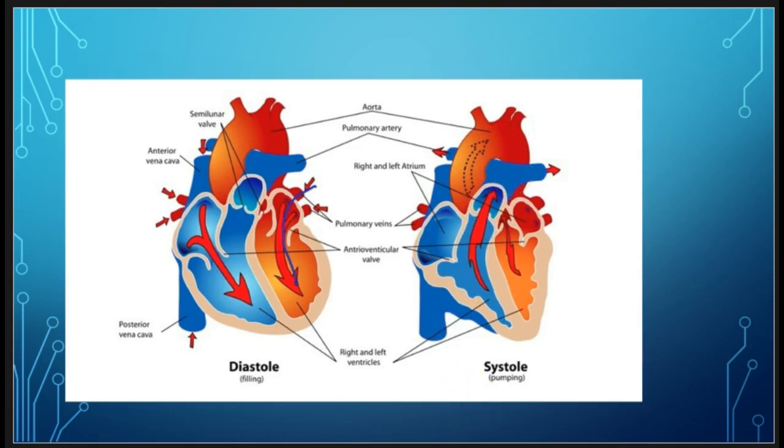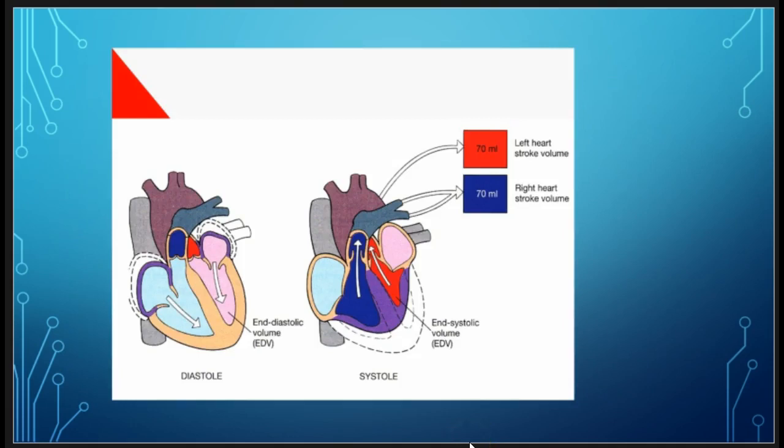As mentioned before, there is a specific amount that goes in, and that amount should be equal to the amount that also goes out. So here we have an example. You can see here that we have the amount as 70 in this case, which is about average for every human.